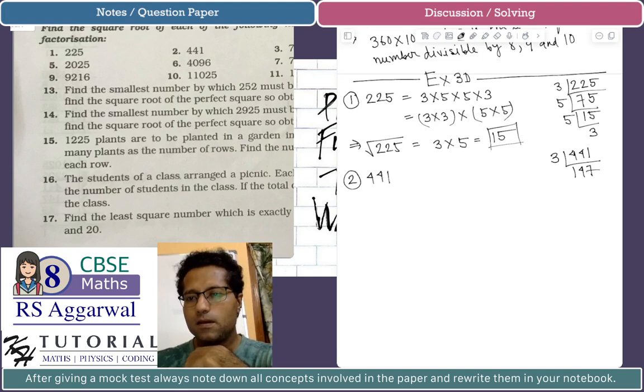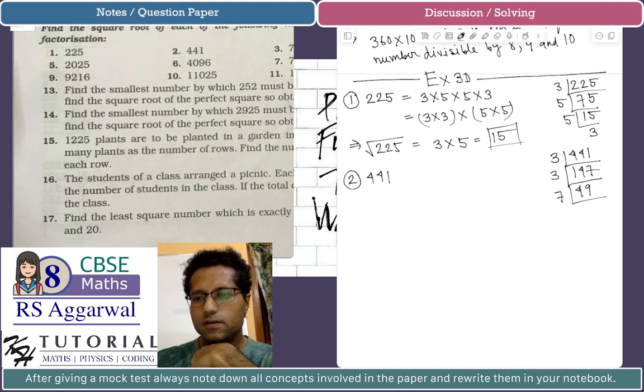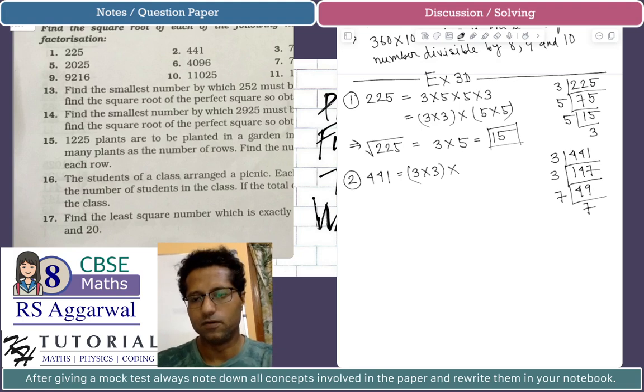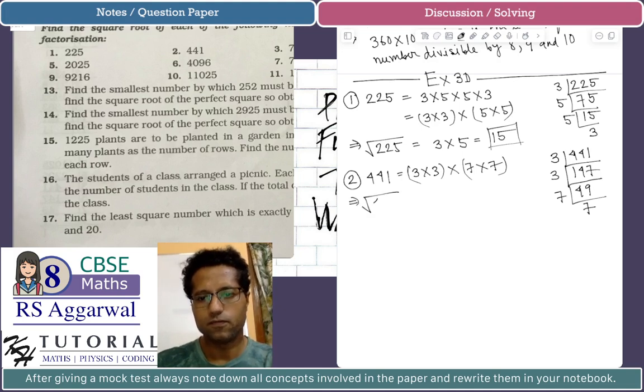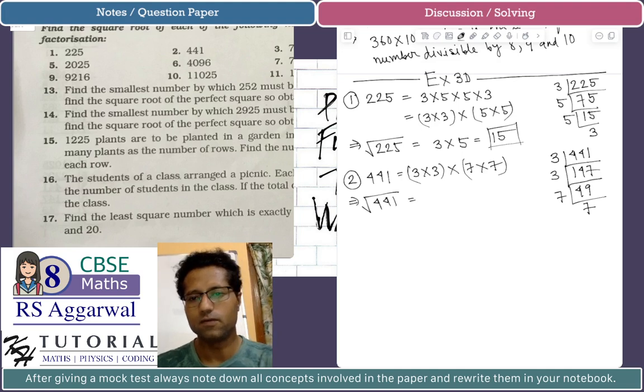Okay, and then it again divides by 3, 49, and we have 7 and 7. So clearly we see 441, its prime factorization is 3 into 3, and we can directly pair the equal factors, 7 into 7. So the square root of 441 will be equal to, we will take one equal factor from each pair. So 3 into 7, this is equal to 21.